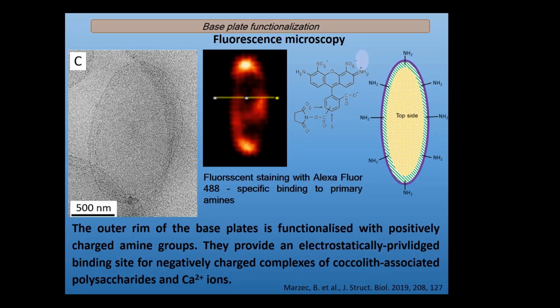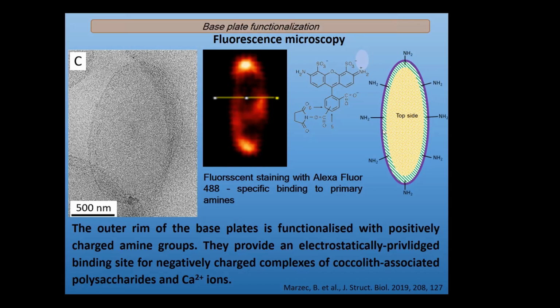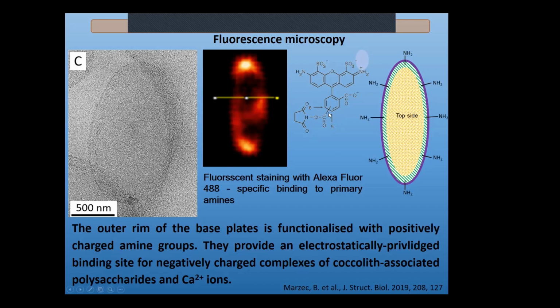And we could confirm that using an electrophilic dye that is functionalized with this N-hydroxysuccinimide group here. Our hypothesis was that if I have positive charges there, then it's most likely that these are positively charged primary amines, which we can react selectively with a molecule that is a carboxylate functionalized with hydroxysuccinimide.